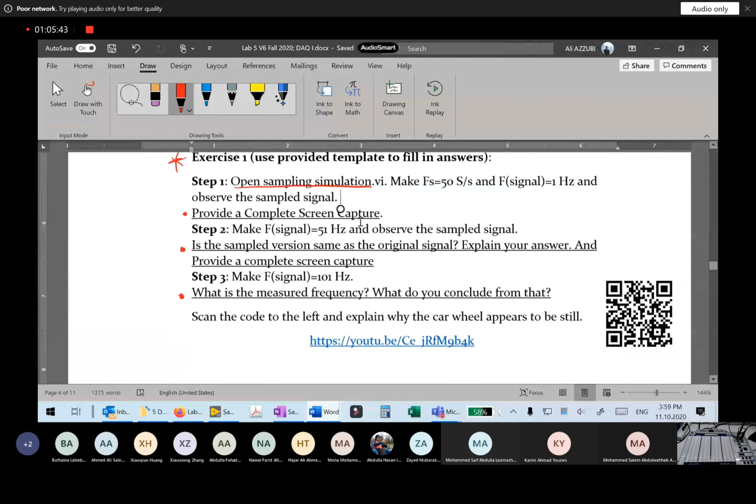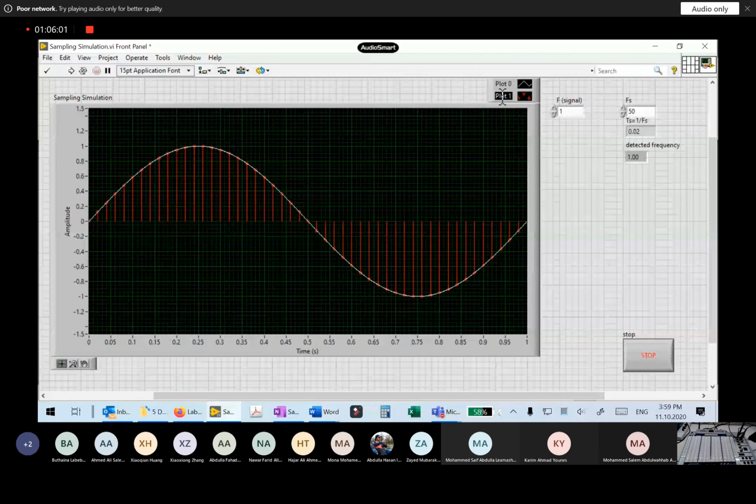Yes, doctor. Okay, so this is how the VI will appear, the front panel. Here I have two things. Plot number 0 is my continuous time signal, and plot number 1 is my discrete time signal.